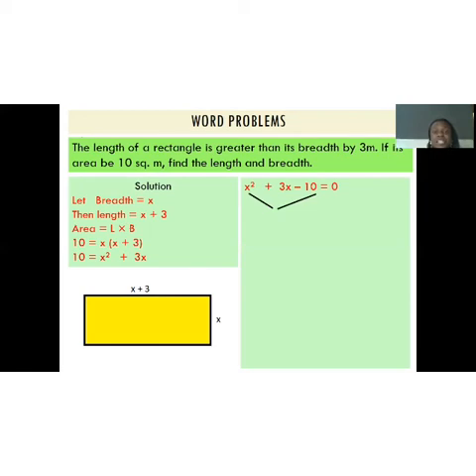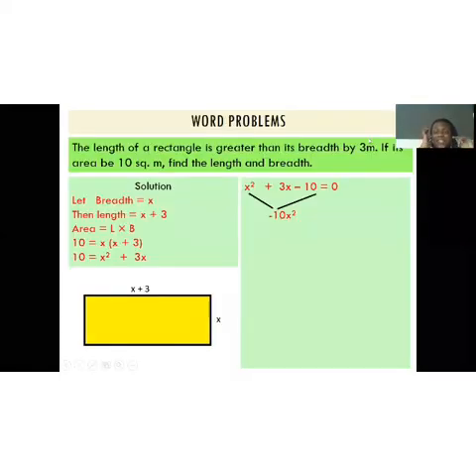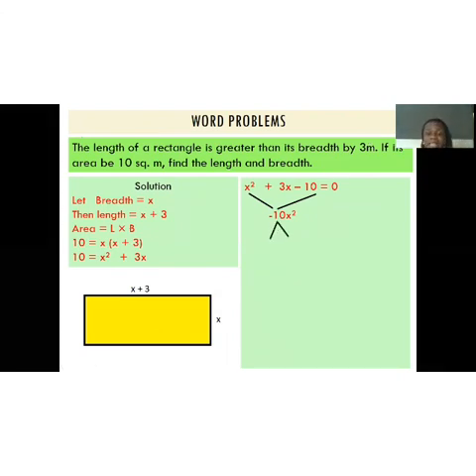So we're going to pick this 10, and that gives us minus 10x squared. And then we look for 2 factors, and that will give us minus 2x and 5x. Those are the 2 factors that will add up to 3x.